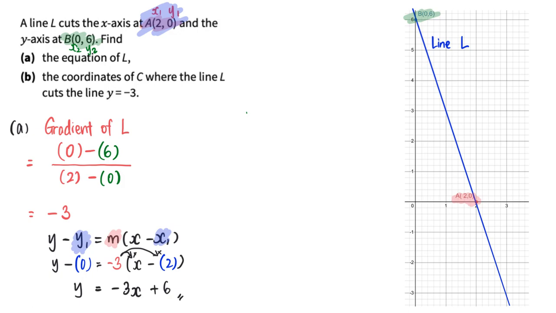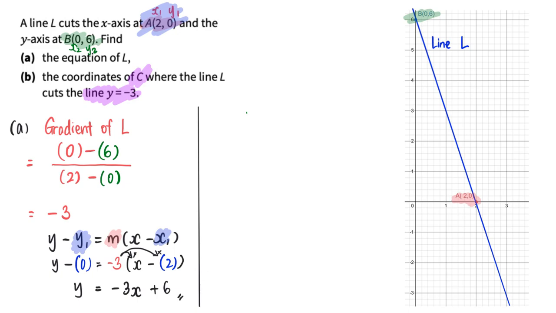Now for part B of this question, we will have to find the coordinates of point C, where the line cuts the line y equals minus 3.